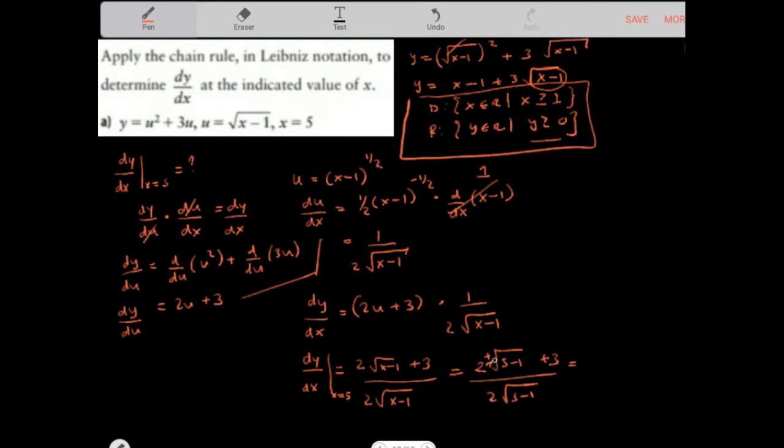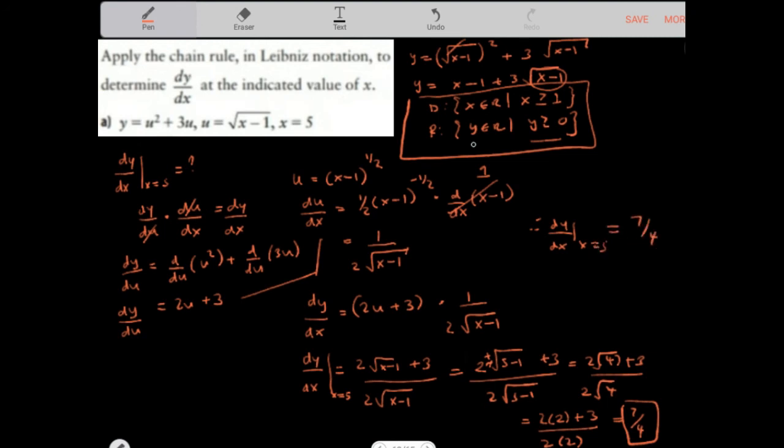So I'm just going to look at the positive values. 5 minus 1 is 4, so it's the square root of 4, which is 2. In this case, you get 2 times 2 plus 3, over 2 times 2, which is 7 over 4. So that is your slope. Therefore, dy over dx when x is equal to 5 is equal to 7 over 4.